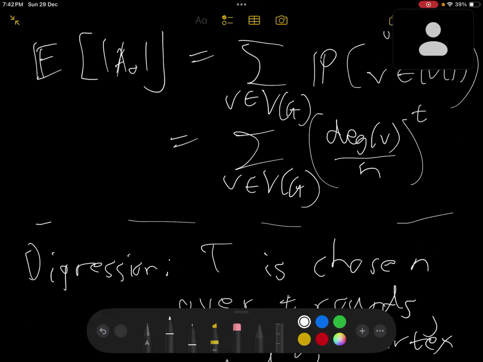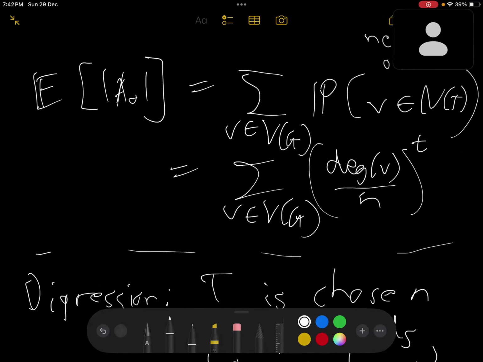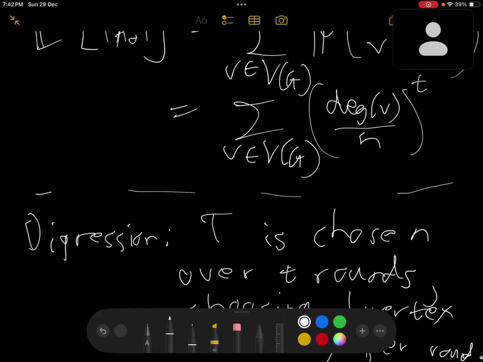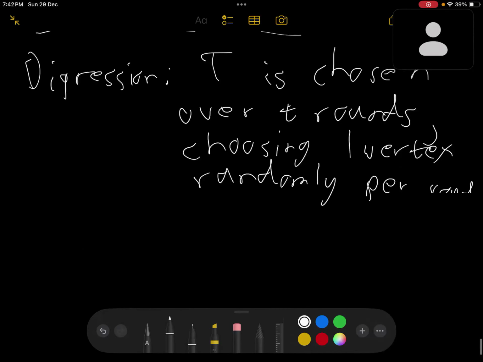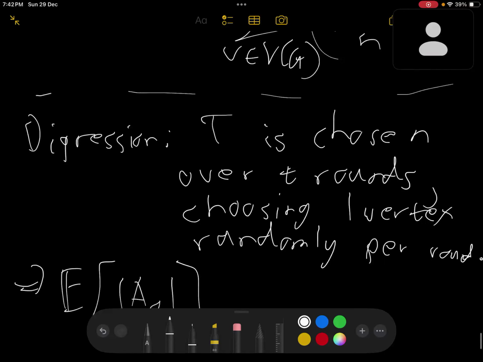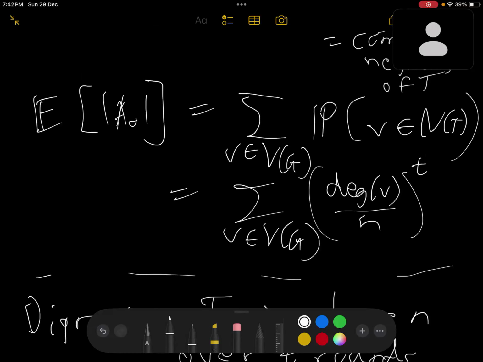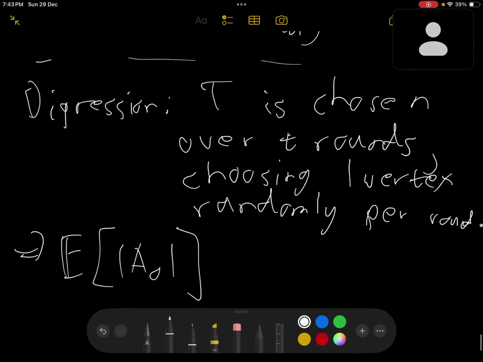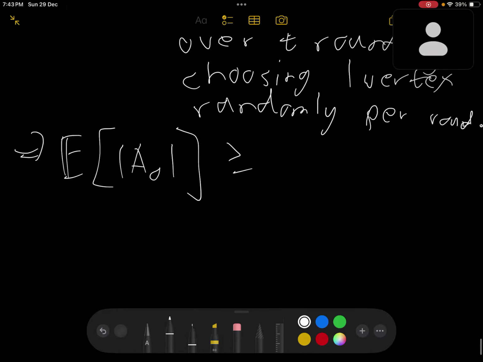So in this case, this bound holds because in every round we have to choose from the neighbors of P. So the probability of that is degree V over N, so it's degree V over N raised to T. And now we use the power mean inequality. So I'll rewrite this. The sum of t-th powers is greater than or equal to the t-th power of the average.